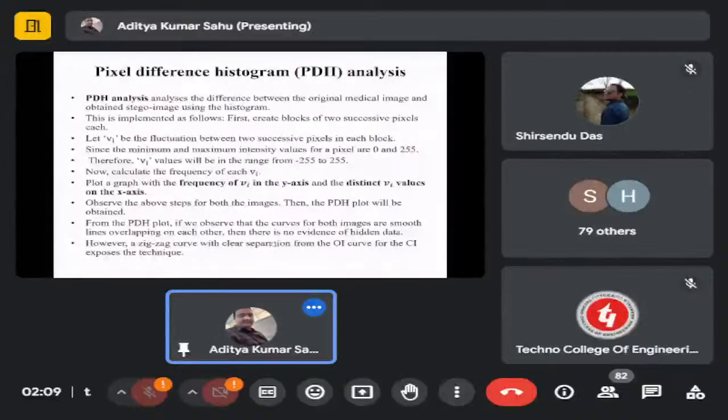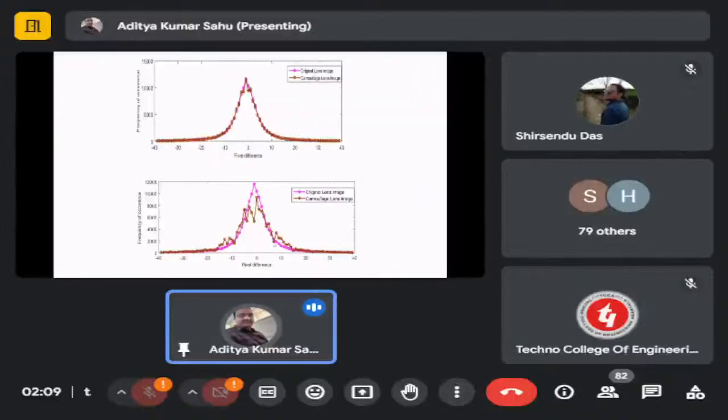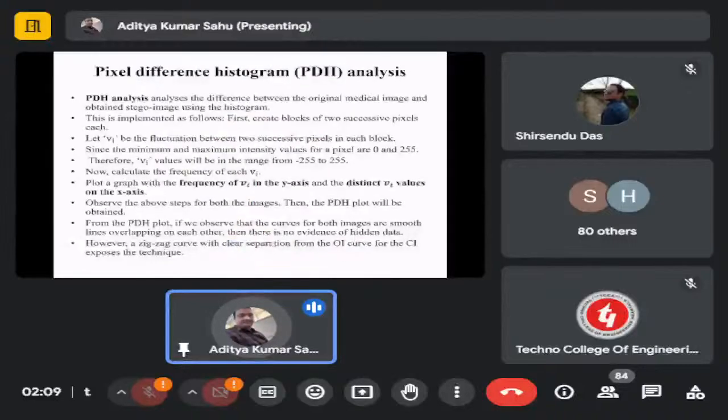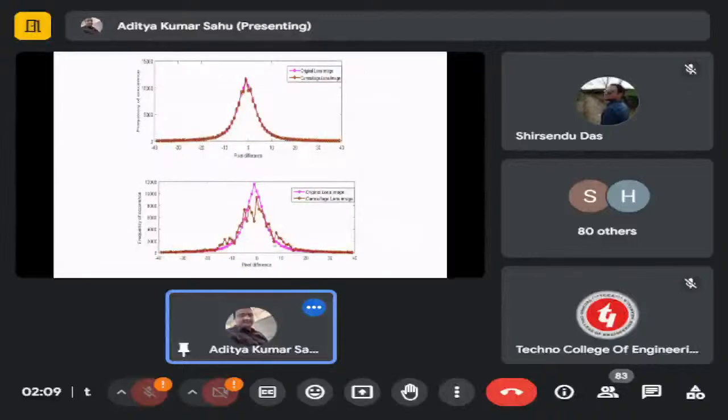Then we plot a graph with the pixel difference on the x-axis and the frequency of Vi on the y-axis. So the 2-pixel difference is plotted on the x-axis, and the y-axis shows the frequency of these occurrences.